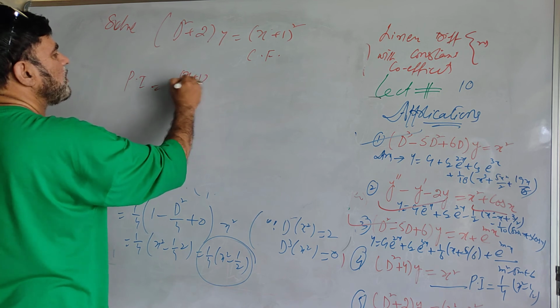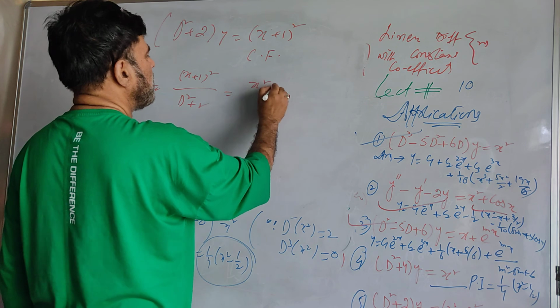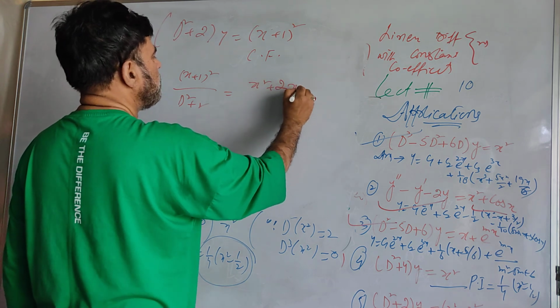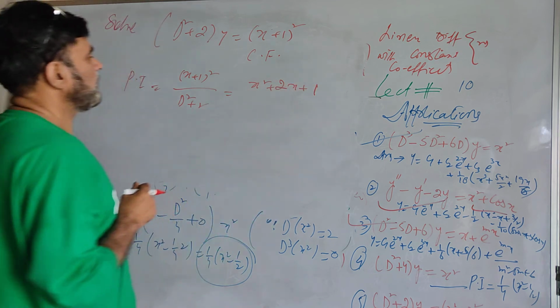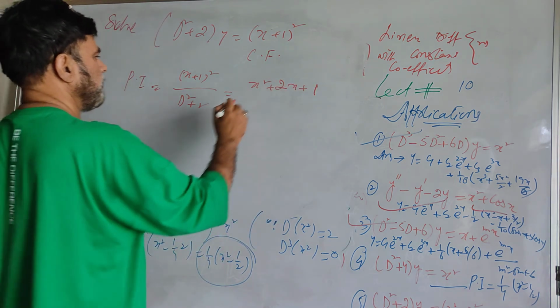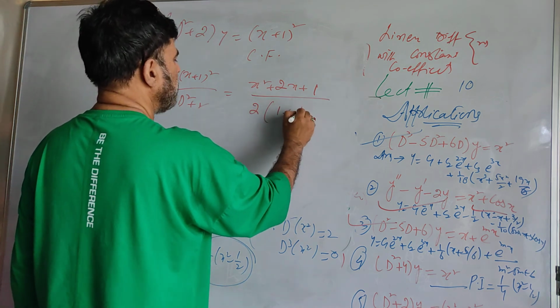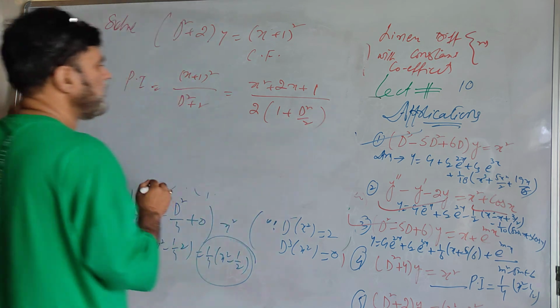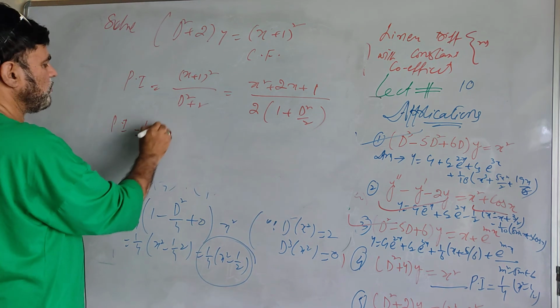This is your x square plus 2x plus 1, that is a square plus 2ab plus b square. By taking 2 out, 1 plus D square by 2. Well, this is the particular integral as 1 by 2.